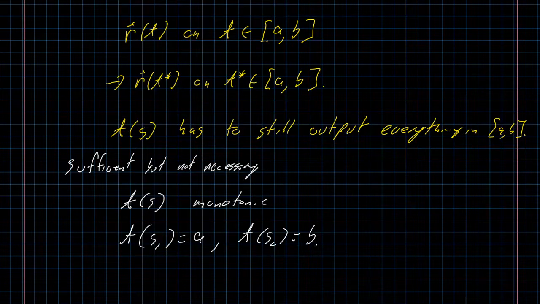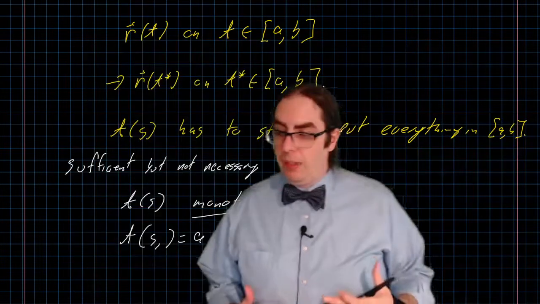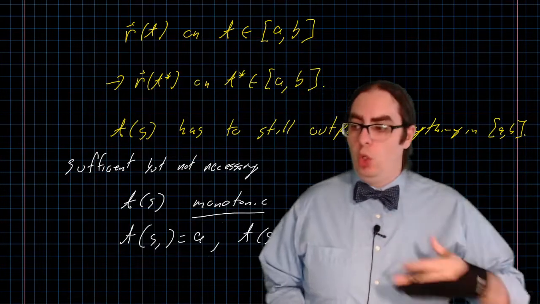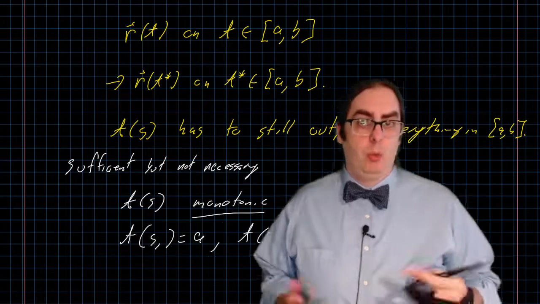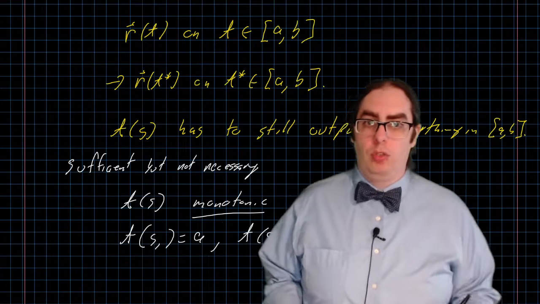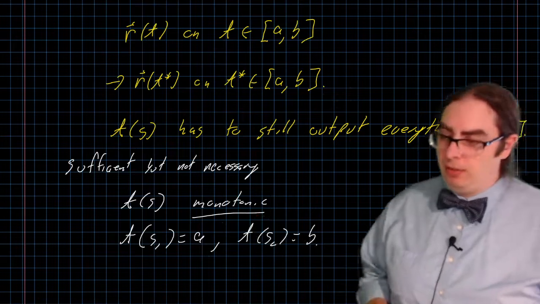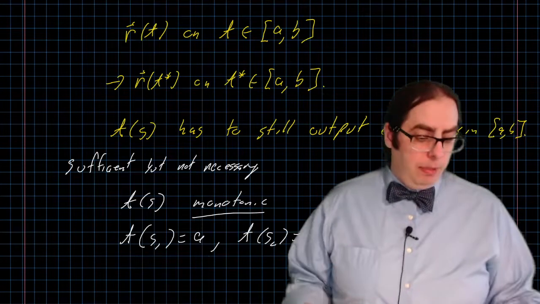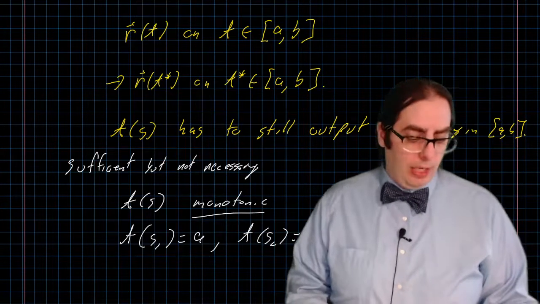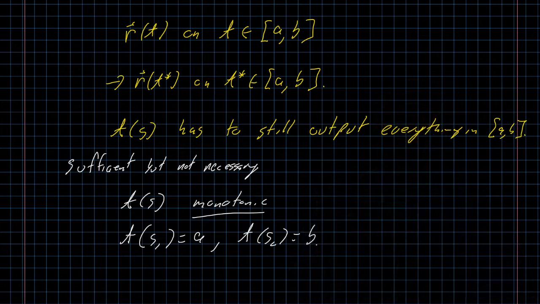If we set up that our function t of s is monotonic, or monotonic means either strictly increasing or strictly decreasing. I don't care which way it's going, but it's going up or it's going down. And then my endpoints get to the same places. Well, then I might be going in a circuitous route, but I'm getting there, right?